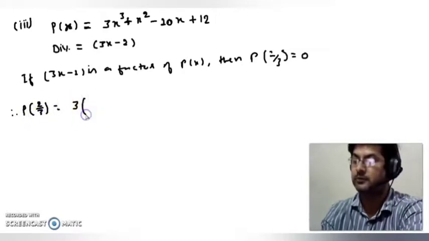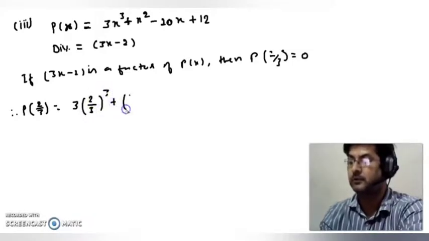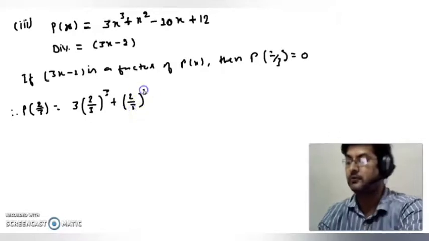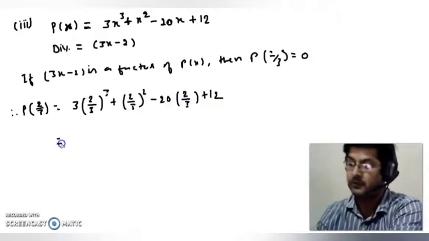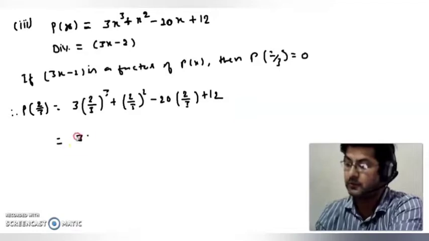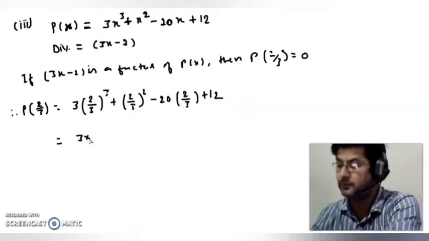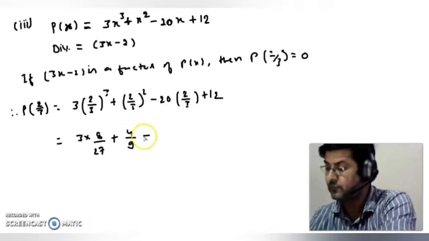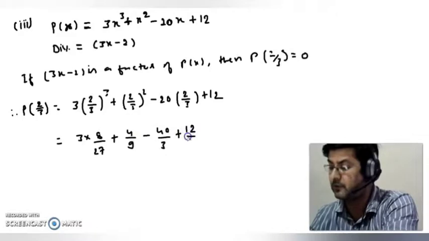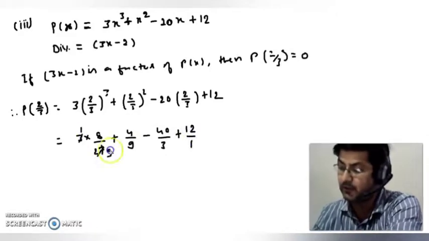is equal to 3 into 2 upon 3 the whole cube plus 2 upon 3 the whole square minus 20 into 2 upon 3 plus 12, which is equal to 3 into 8 upon 27 plus 4 upon 9 minus 40 by 3 plus 12 by 1. Okay, we can reduce by 9.